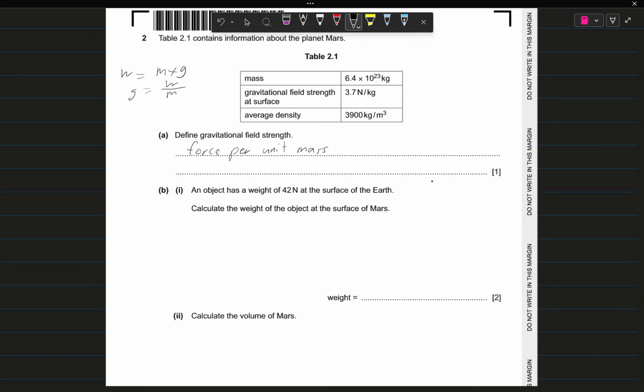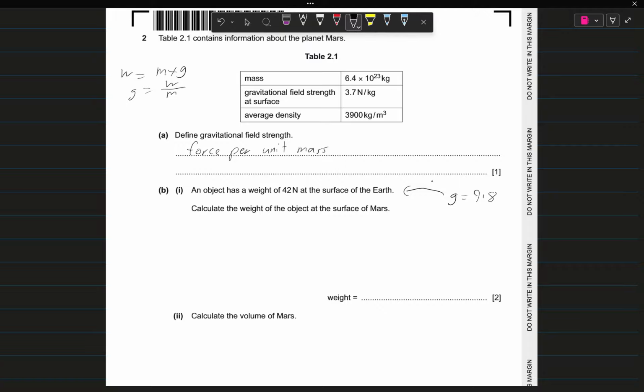For part B, an object has a weight of 42 newtons at the surface of the Earth. Calculate the weight of the object at the surface of Mars. In order for us to do so, we need to find the mass of the object. Here we know that for Earth, the gravitational field strength g is 9.8.